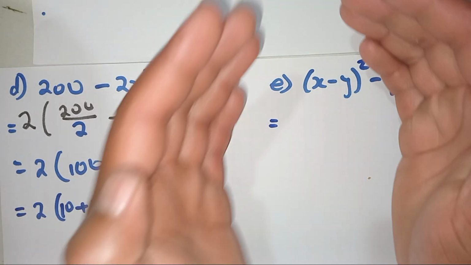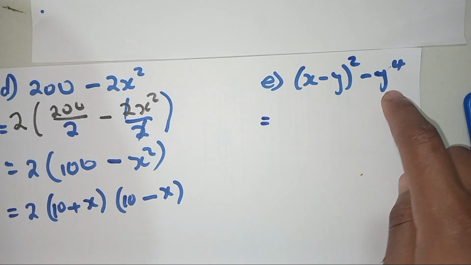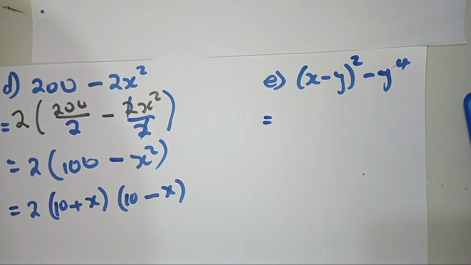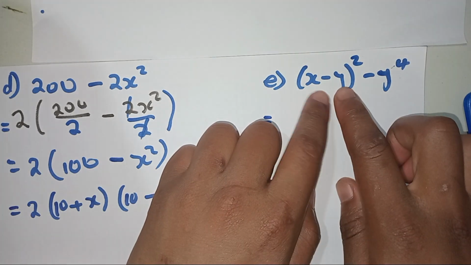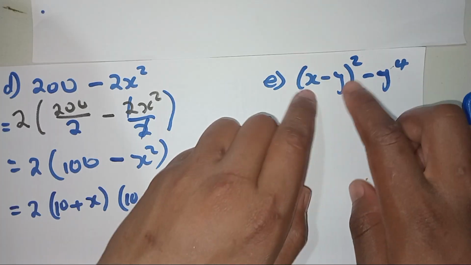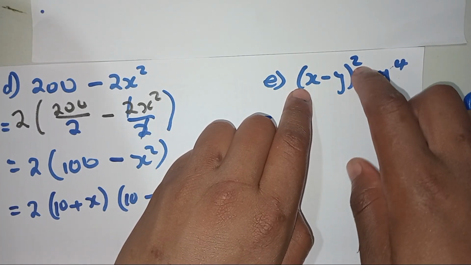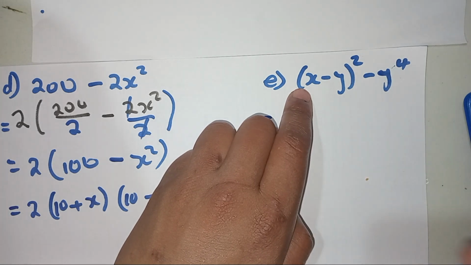Since it's the whole bracket, we have this term, and that one. So it means that we have just two terms in our expression. The one is this one and the other one is this one. Why is this not 3 terms? Because this x minus y is just one term because of this exponent. I hope you get me there.